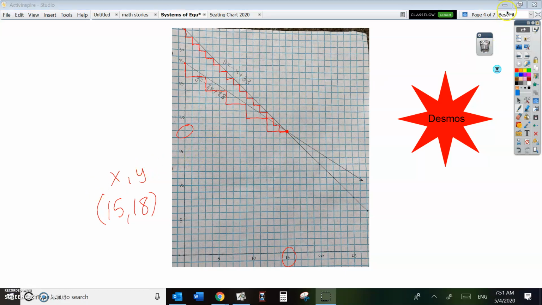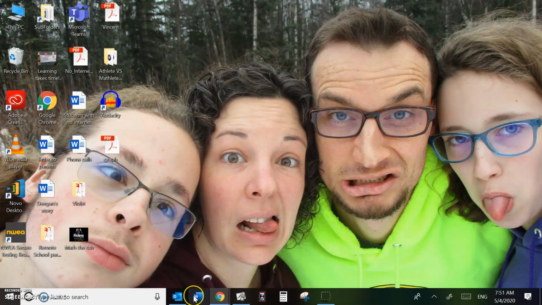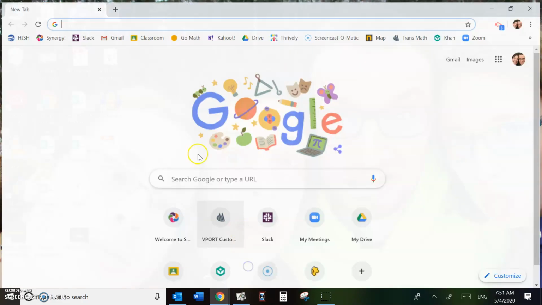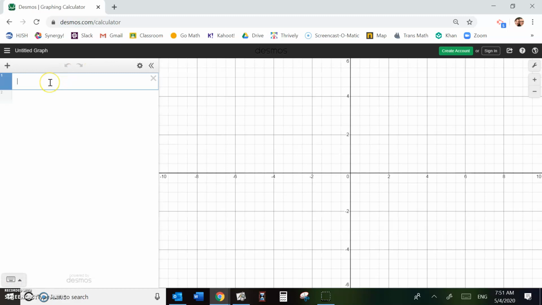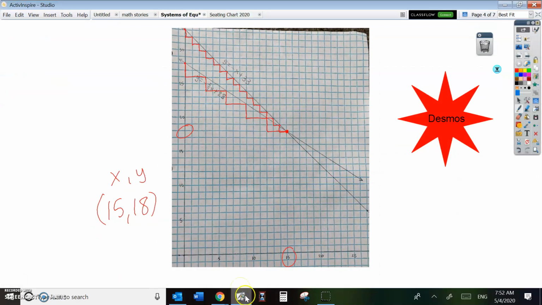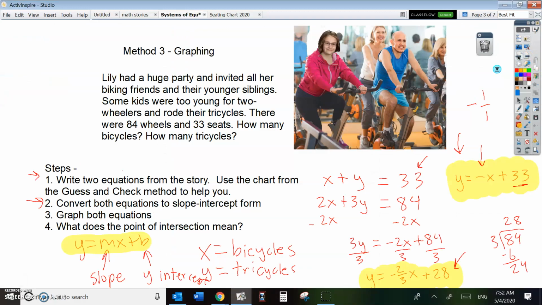Another really cool way to check the graph is to use this graphing calculator app called Desmos. And our equations were y equals negative x plus 33, and another quick peek will tell us what our other equation was. y equals negative 2/3 x plus 28.